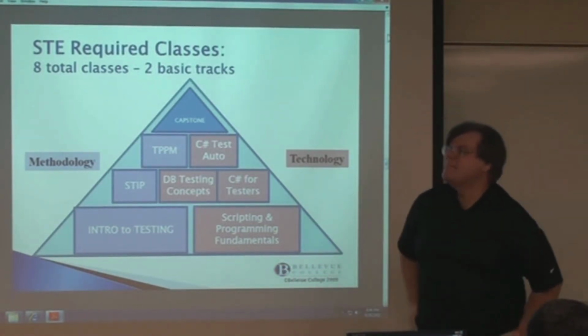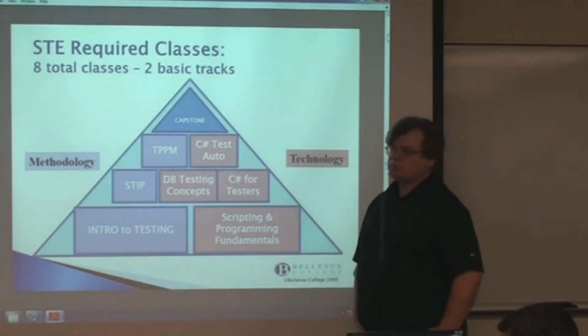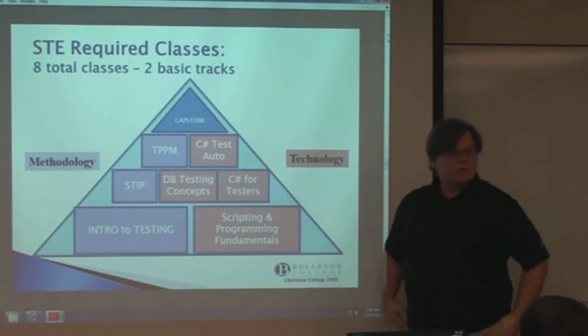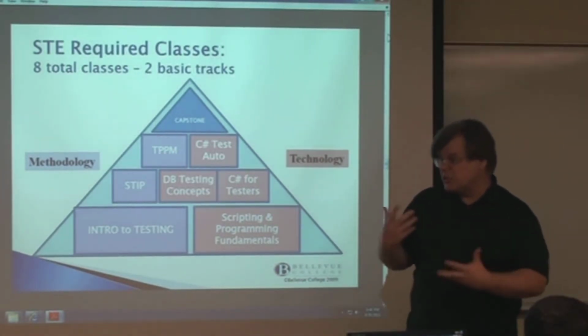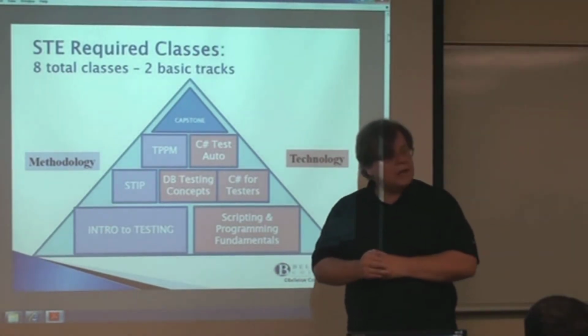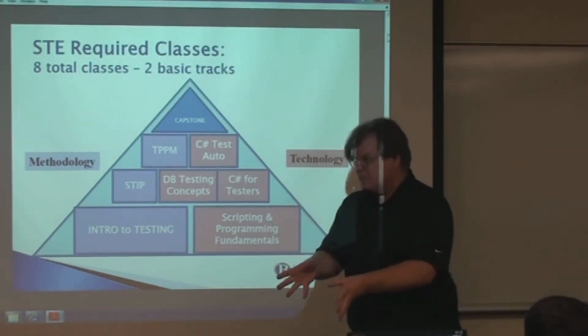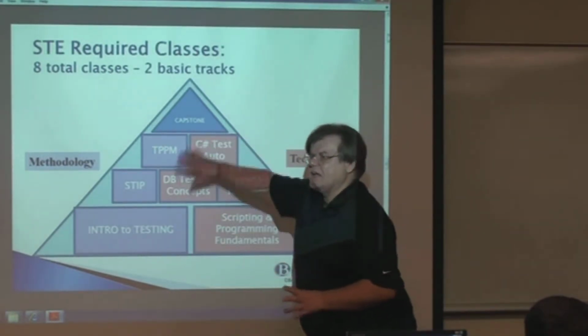Make sense? Yes? Question: if we have some programming background, can we pass those prerequisites? If you have some programming background, then in general we do have a mechanism for potentially waiving a class. If you waive a class, you're generally going to substitute another class in, so you don't get to complete the program with fewer than 8 courses.